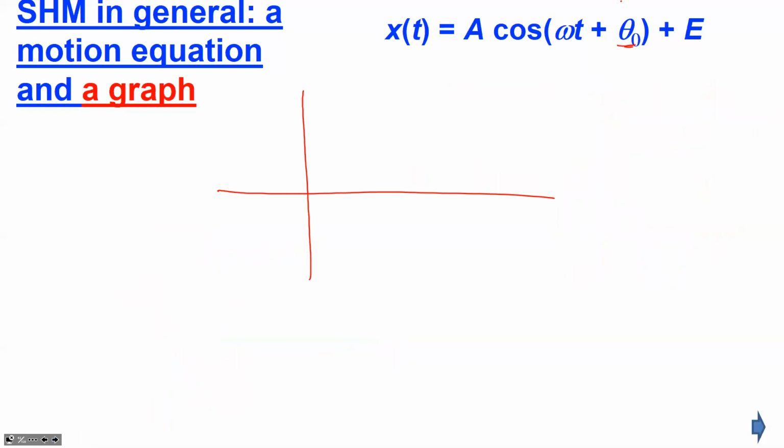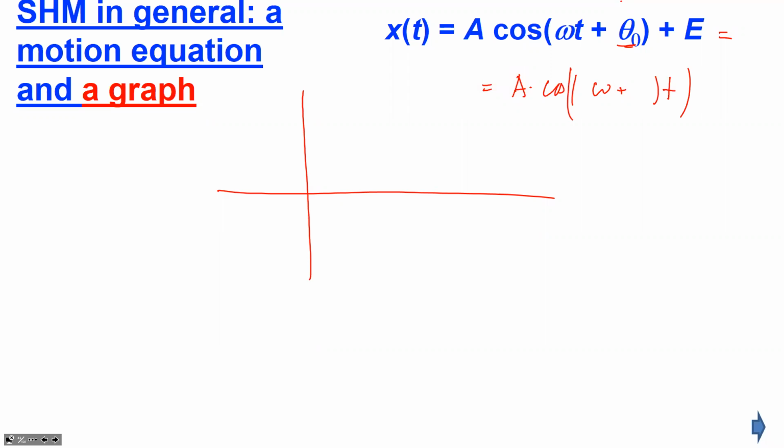What else can happen? Well, what does this variable do? It shifts the time. I can rewrite this equation slightly differently. I want to have time separately.